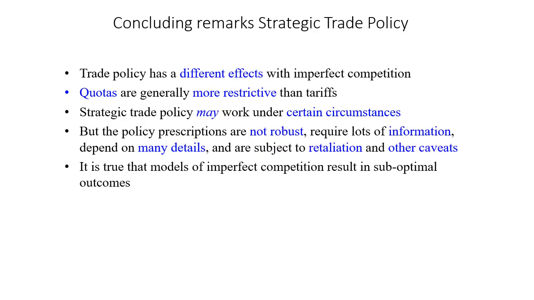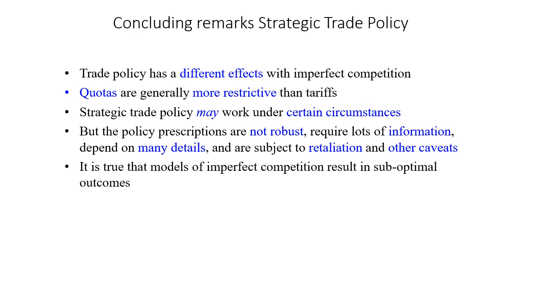In conclusion, we've shown that trade policy would have different effects when we're dealing with imperfect competition. We have shown that quotas can be more restrictive than tariffs. We've shown also that strategic trade policy can work under certain conditions.